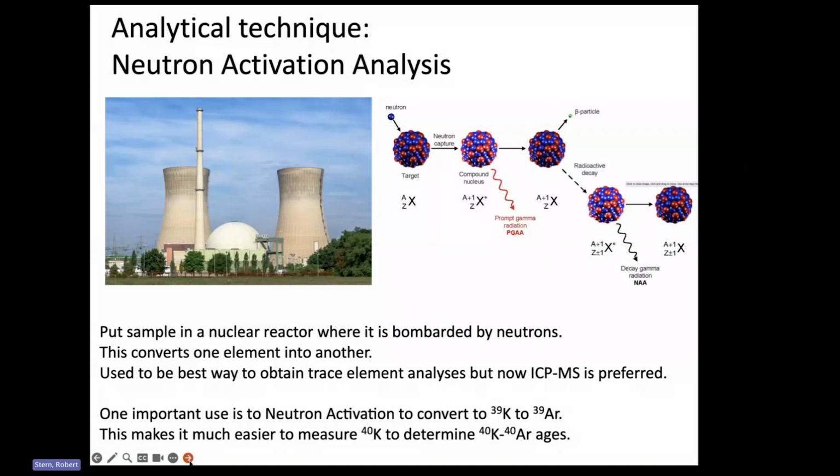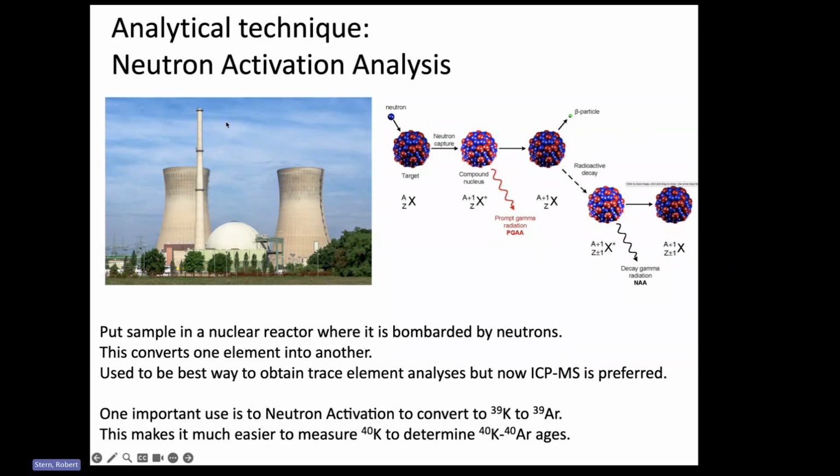Basically, with neutron activation you take your sample and put it in a nuclear reactor where it's bombarded by neutrons from the nuclear reactions going on, and that turns it into a brand new element. That used to be the way we got trace elements, but now the best way to get trace elements is by ICP-MS. But where it's still useful is to make potassium-argon dating better.